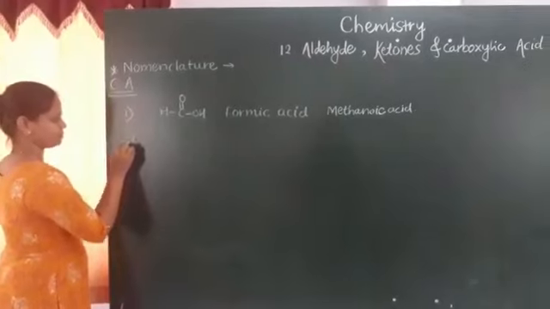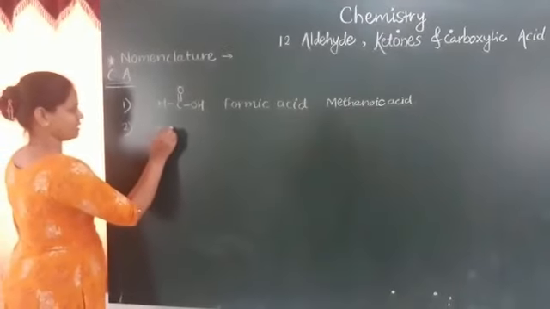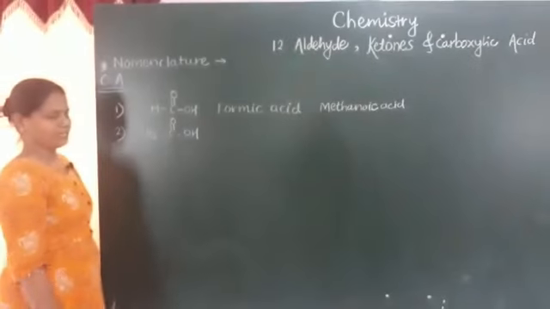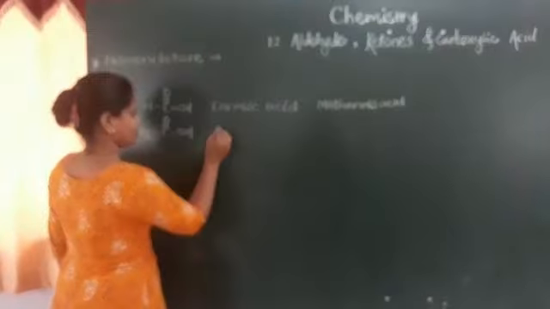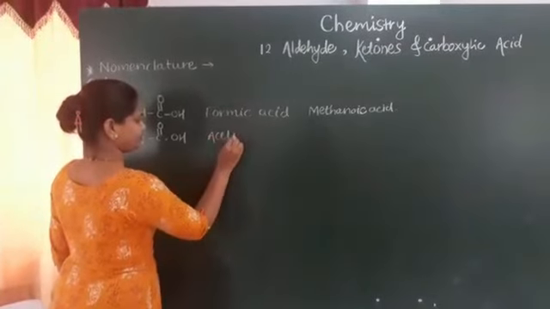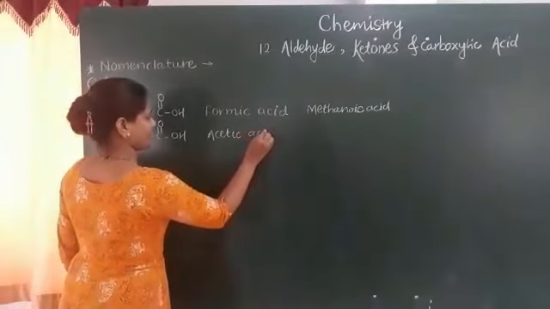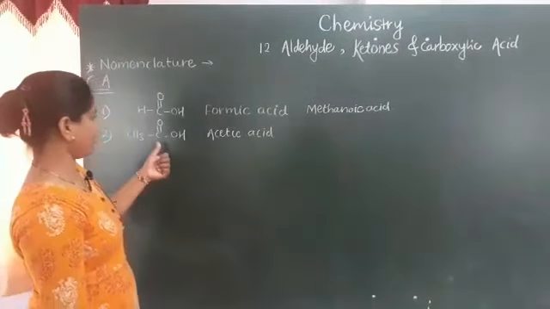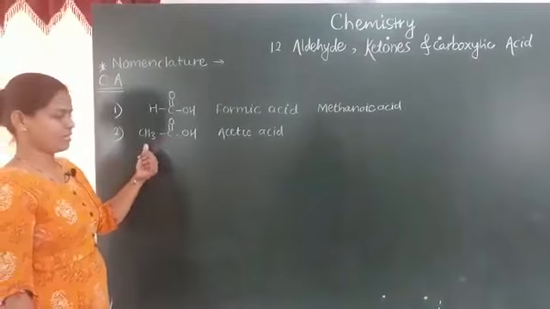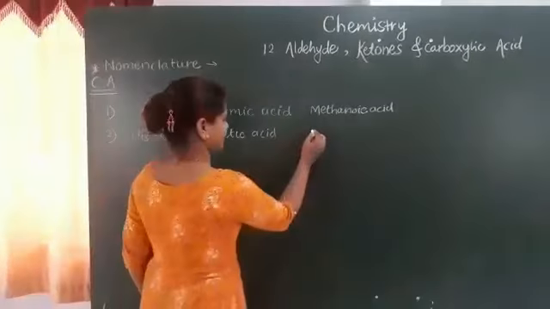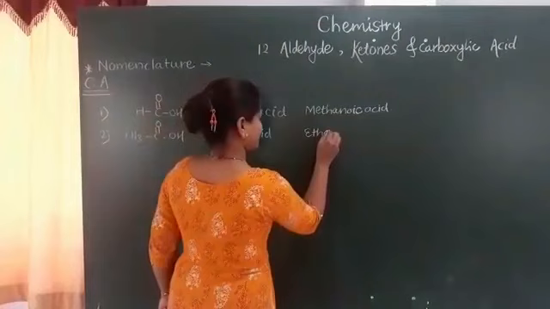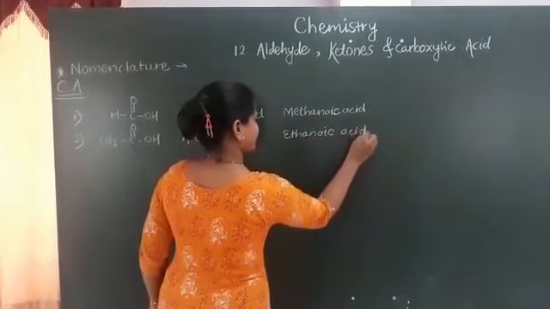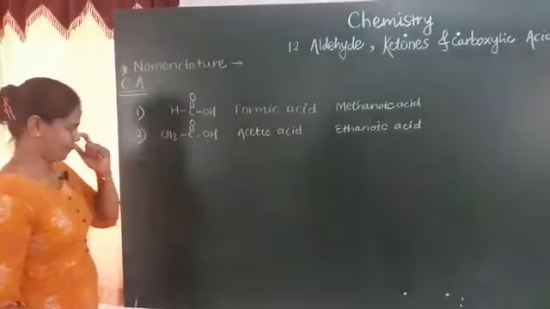Second example, CH3 C double bond O OH. Its common name is acetic acid and the IUPAC name, the root word is ethane because two carbon atoms are there. Then E is replaced by OIC acid and the IUPAC name of this example is ethanoic acid.